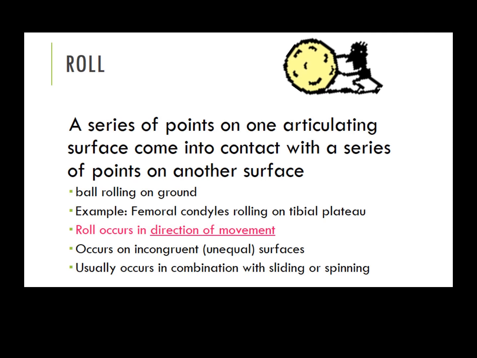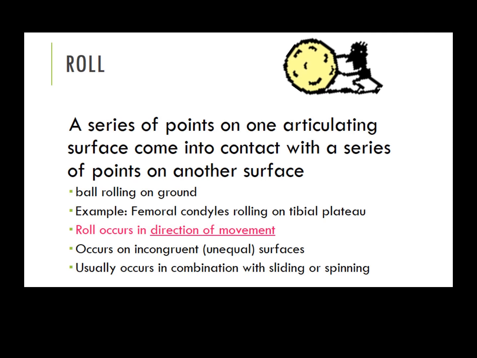The rolling will happen in the same direction as the movement of the bone. That means when you're doing abduction, the humerus is going superiorly, which means the rolling is also happening in the superior direction. So this is very important. You need to remember rolling happens in the same direction as the moving bone.